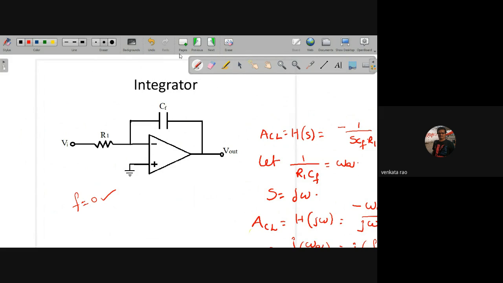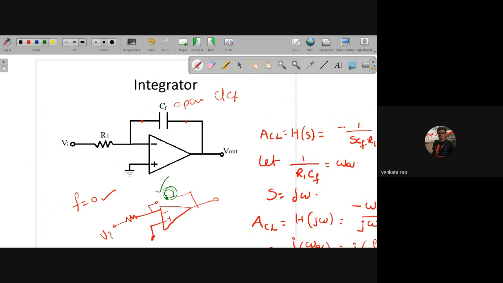So at low frequency, what about your capacitor? Open circuit. So at low frequencies, the circuit becomes like this. In this circuit, there is no closed loop.